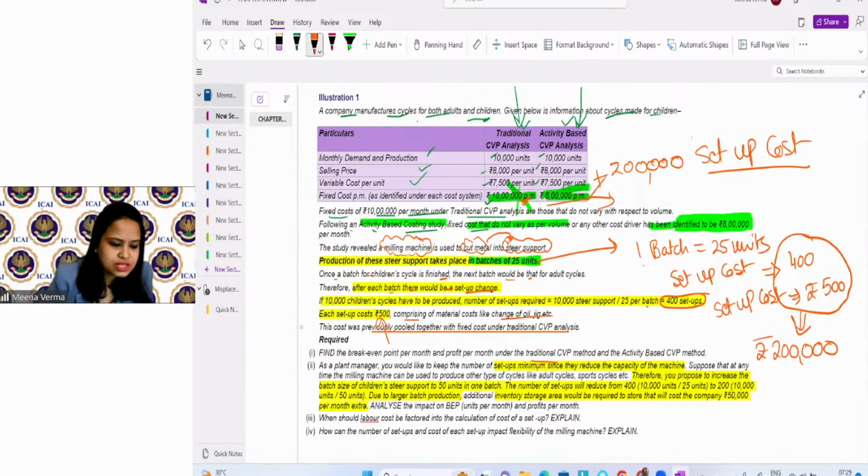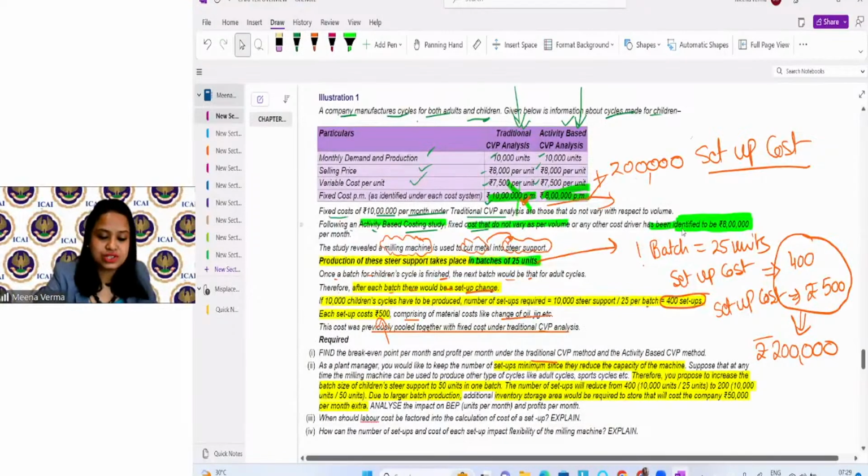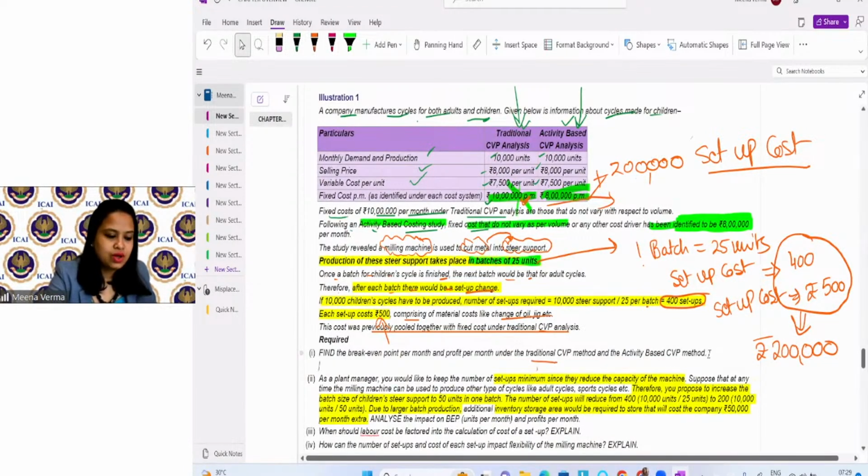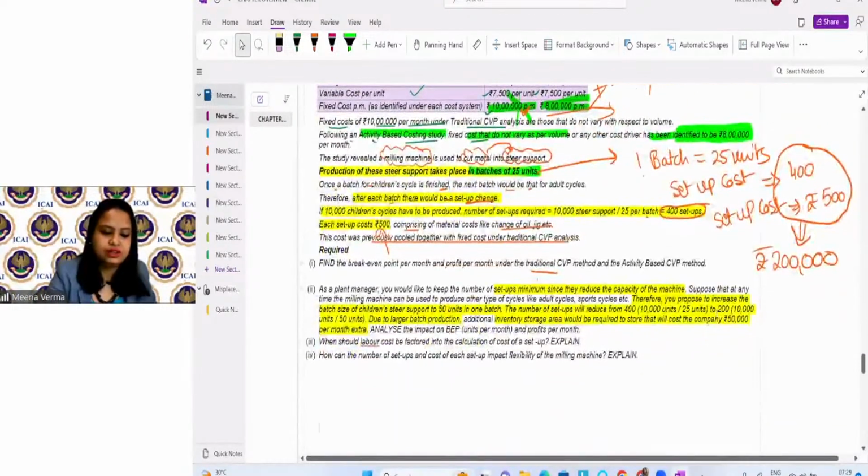So this is our question. This cost was previously pooled together with fixed cost under traditional CVP analysis. Now let's read the question. Find the break-even point per month.